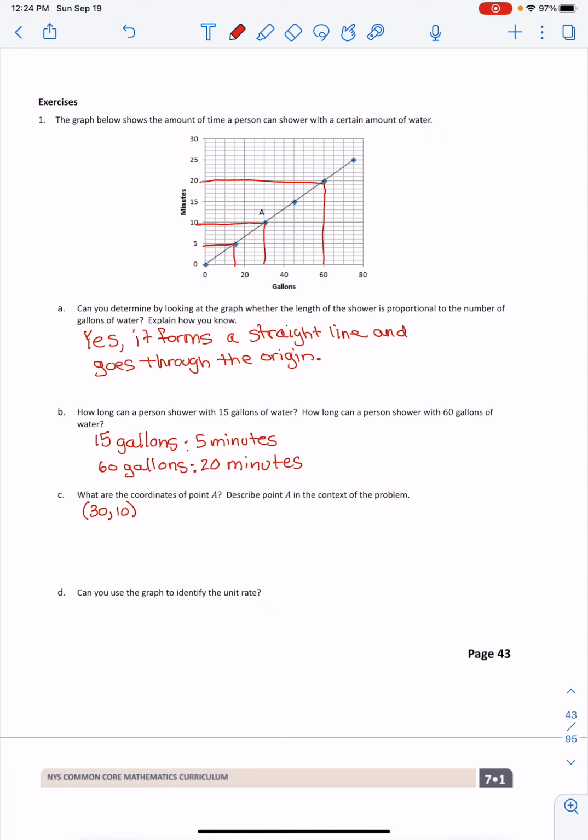Well, what it means then is with 30 gallons of water, a person can shower for 10 minutes.